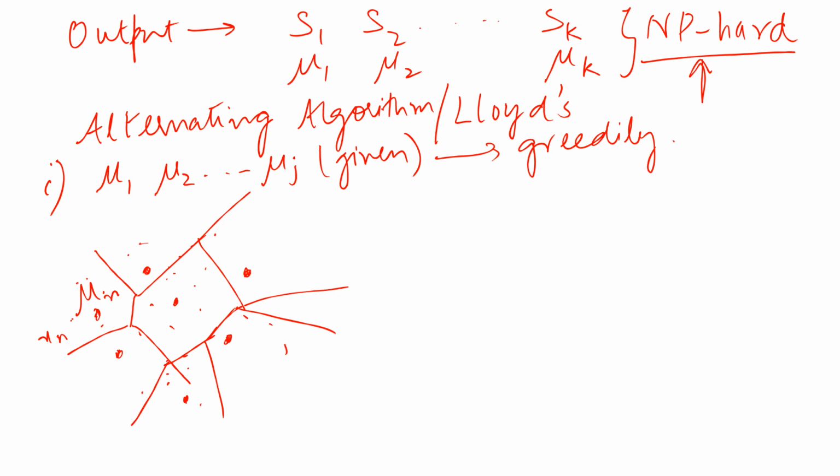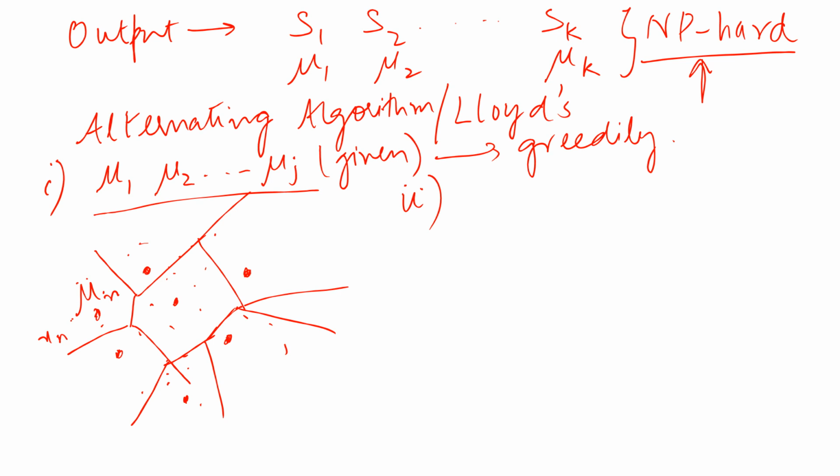So this will minimize the distance between my x_n and mu_n, and that is my goal, right? If this criterion is met, then I can get the optimal. All right. What is the second criterion in this alternating algorithm? And by the way, we are just developing the criteria. We haven't come to the actual algorithm as such.